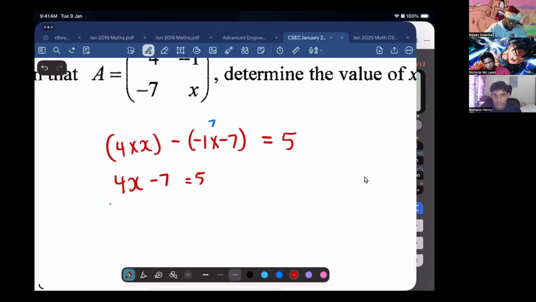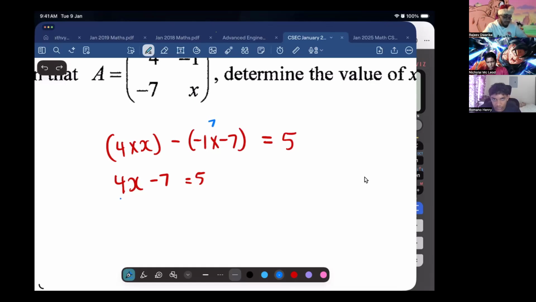What are we trying to find over here? X. So what is the x term on the left-hand side? 4x.